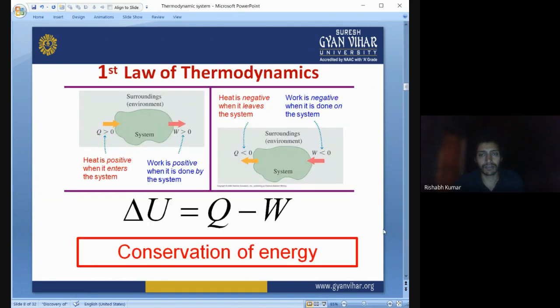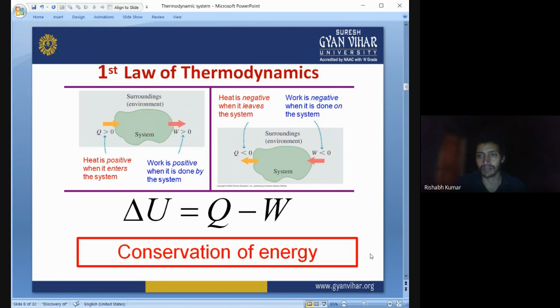And the first law of thermodynamics, from which we get this equation: delta U is equal to Q minus W, where delta U is the internal energy of the system, Q is the heat energy transferred between the system and the surroundings, and W is the work done by the system on the surroundings. The negative sign represents that the internal energy will decrease if the work is done by the system on the surroundings.